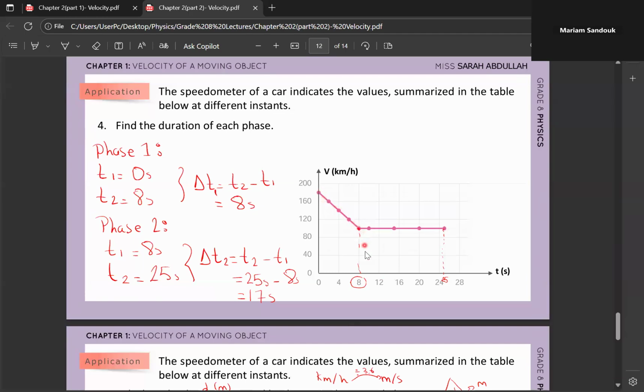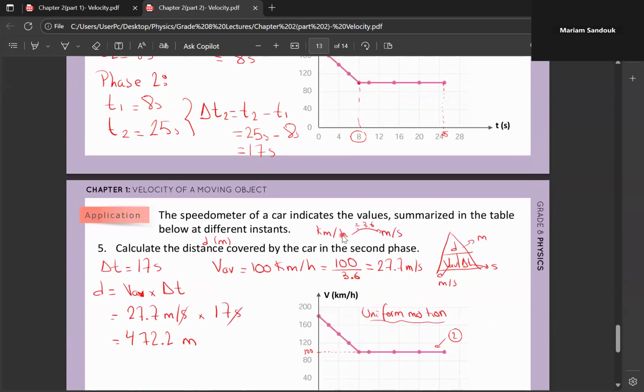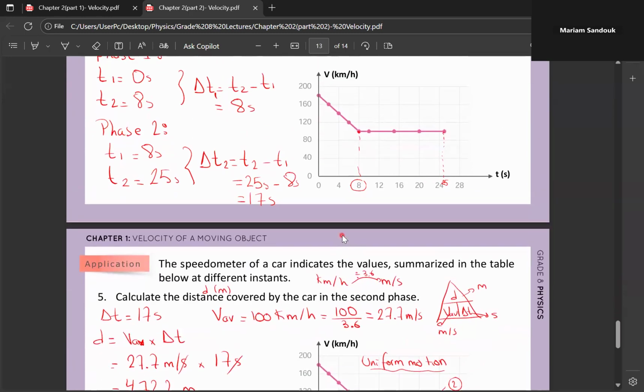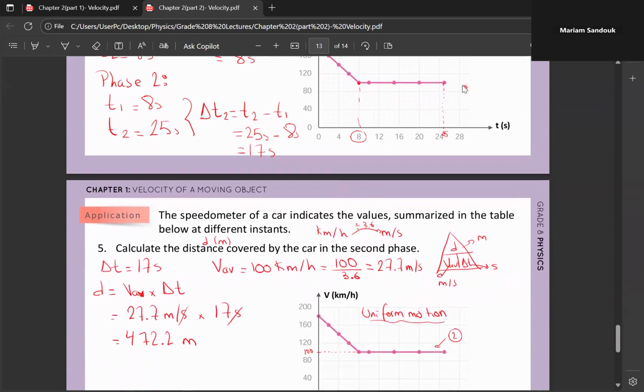So what's the V average here? Let's determine the distance in this phase.